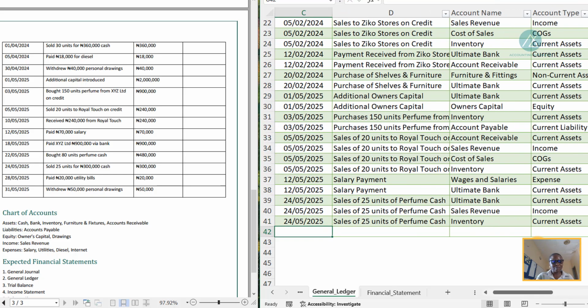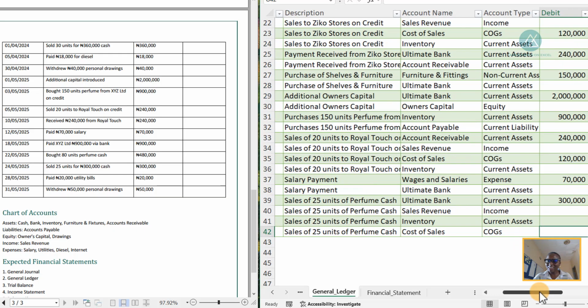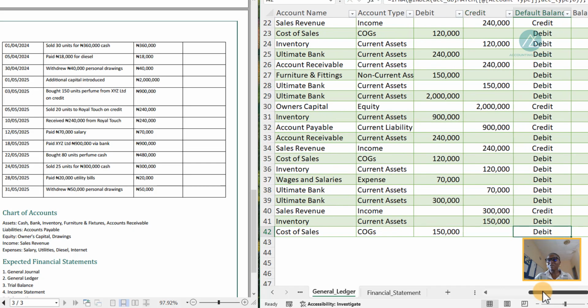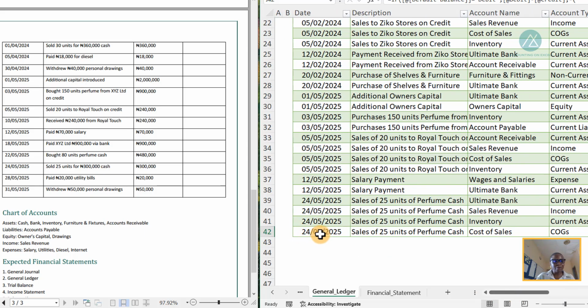Then your cost of sales also needs to be captured. Cost of sales, 150,000. And it's raining, in case you can hear the sound of the rain. So this balances up, and I think we've captured a good number of transactions.